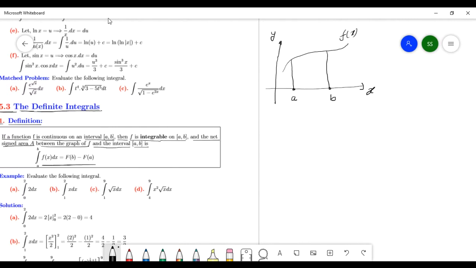This a to b interval here, and the area between this closed interval a to b and this graph f(x), this area is called the net signed area.